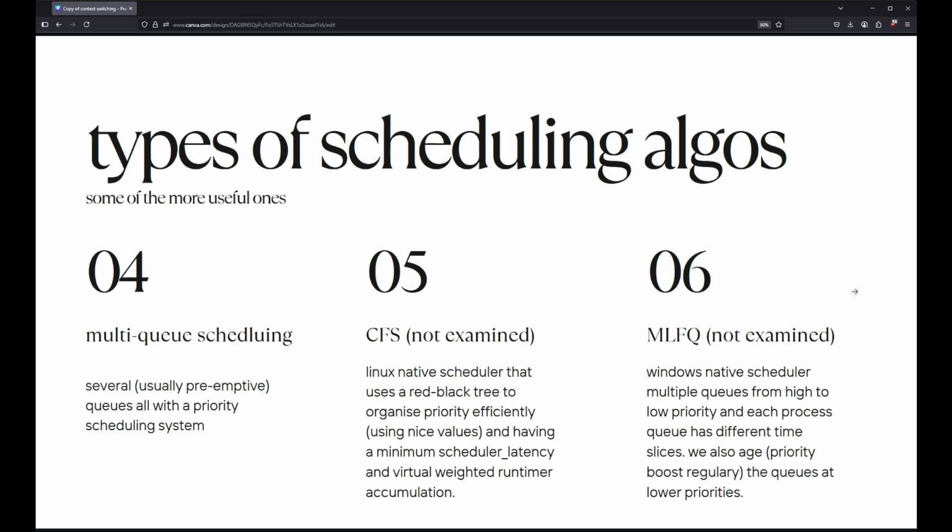Nice values are used quite often in most modern OSs as a way to differentiate between process priority. Nicer processes are more likely to relinquish the CPU and give it up to another process.